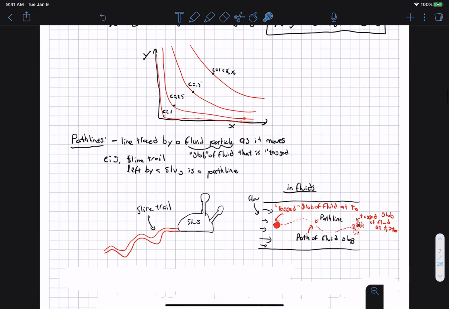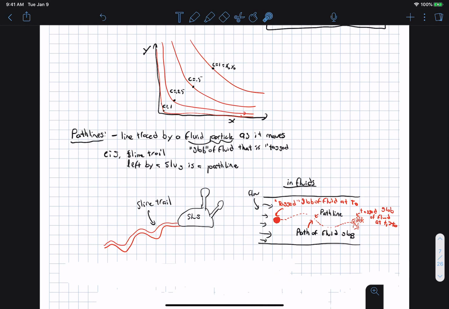One way that you can think of a path line is to consider a slug moving on your concrete floor or something like that. There'll be a sort of disgusting slime trail left behind. Well, that slime trail left behind by a slug is a path line.